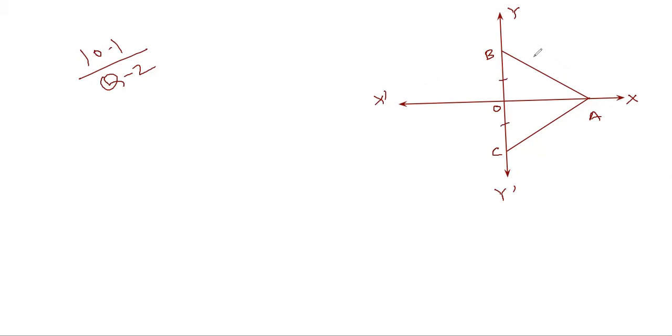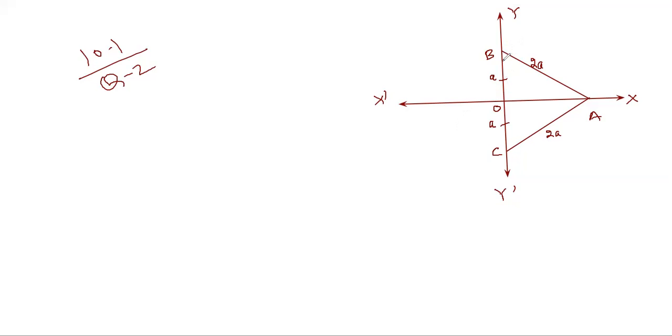It is given that each side of the equilateral triangle is 2a. So this is also 2a, this is also 2a, but the base is divided into two parts, so this is a and this is also a. Find the vertices of the triangle ABC.